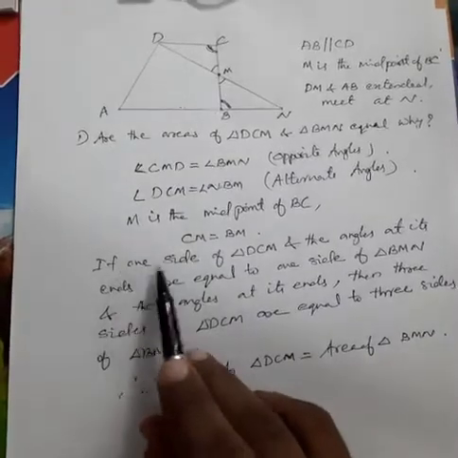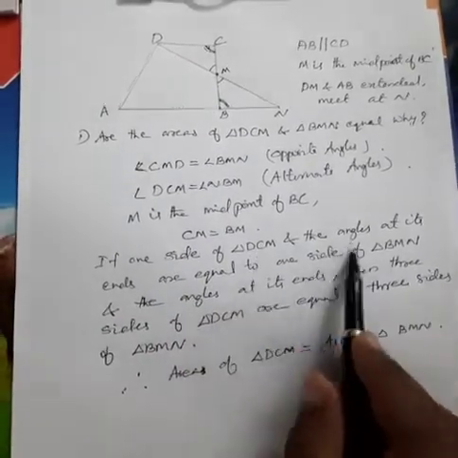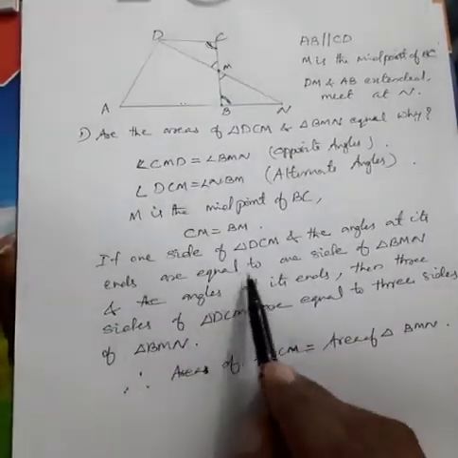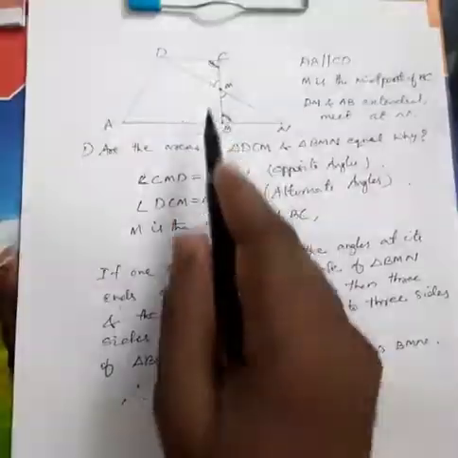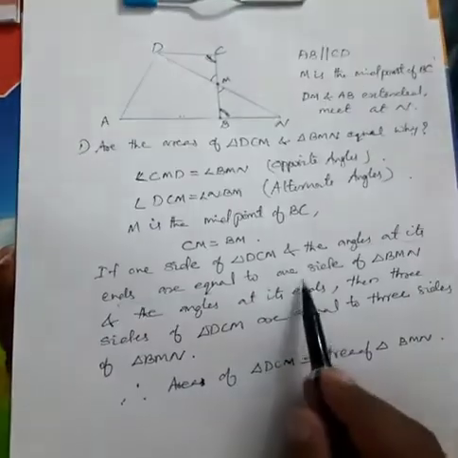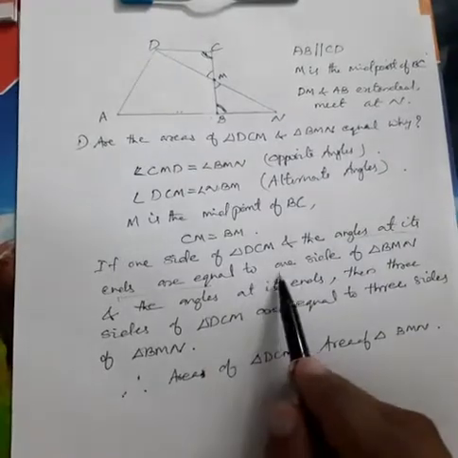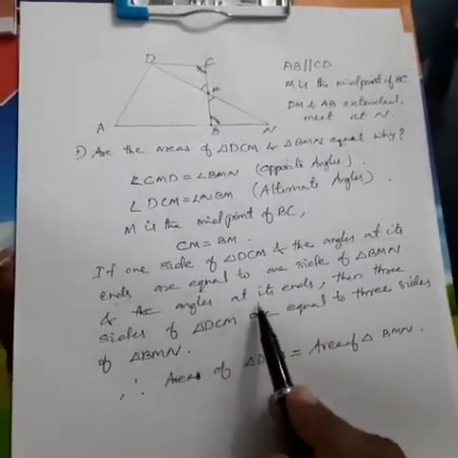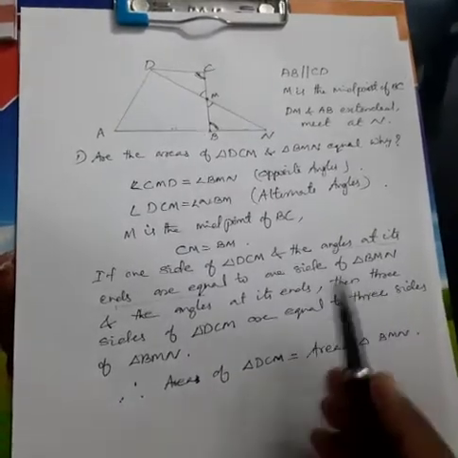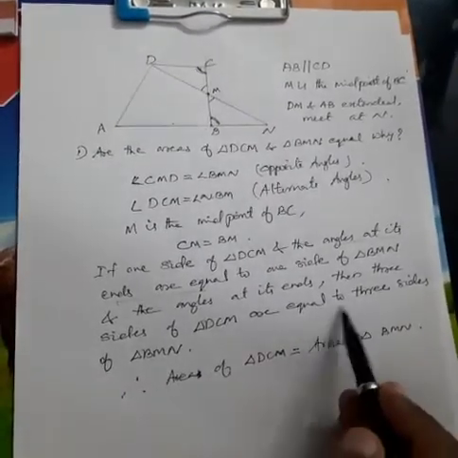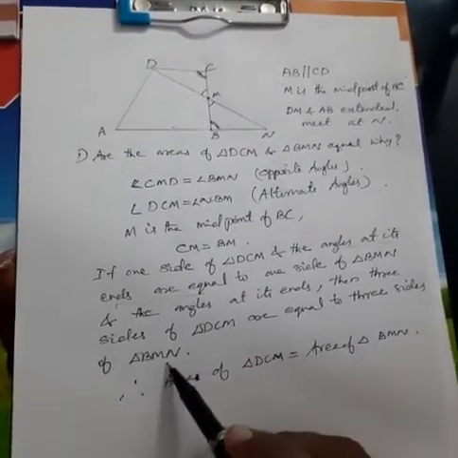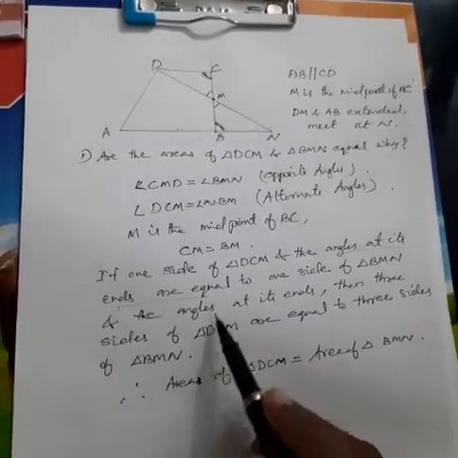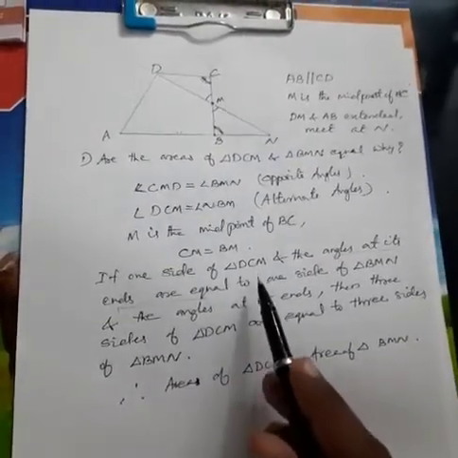So if one side of triangle DCM and the angles at its ends are equal to one side of triangle BMN and the angles at its ends, then the three sides of DCM and the three sides of BMN are equal. So using the third law we can prove this.